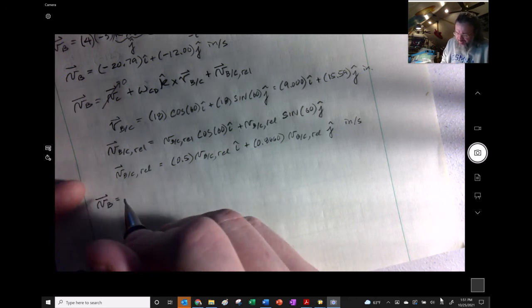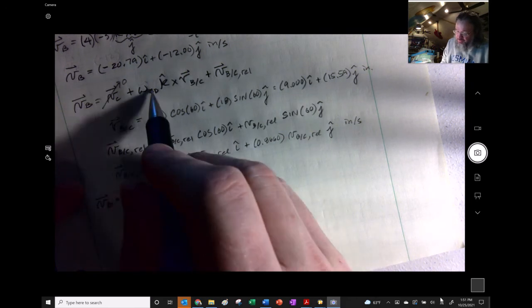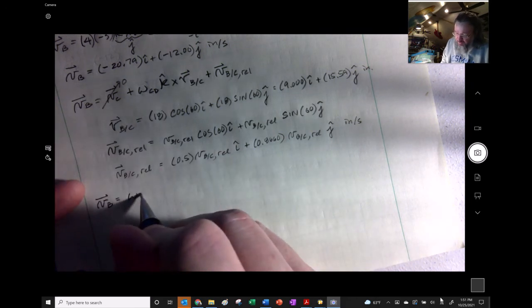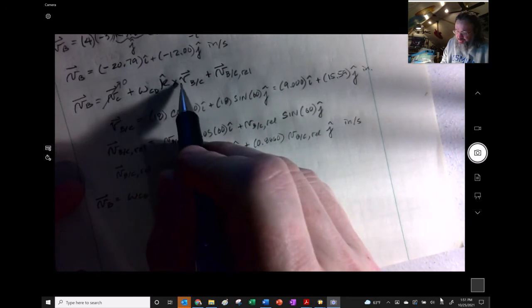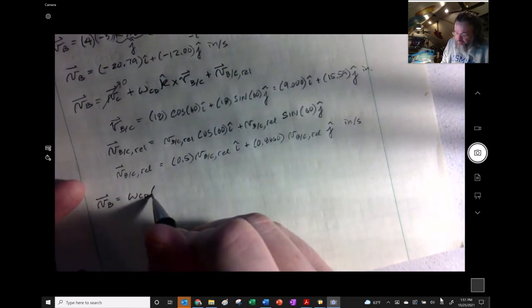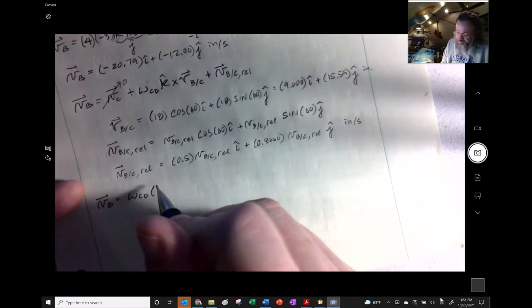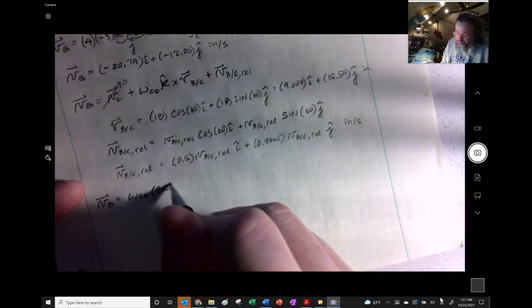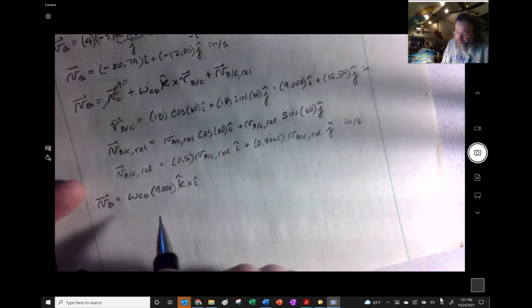Omega, this is something we don't know. So we go omega CD, and that's going to be times R right here. That R, we just found 9. K crossed with I, right?